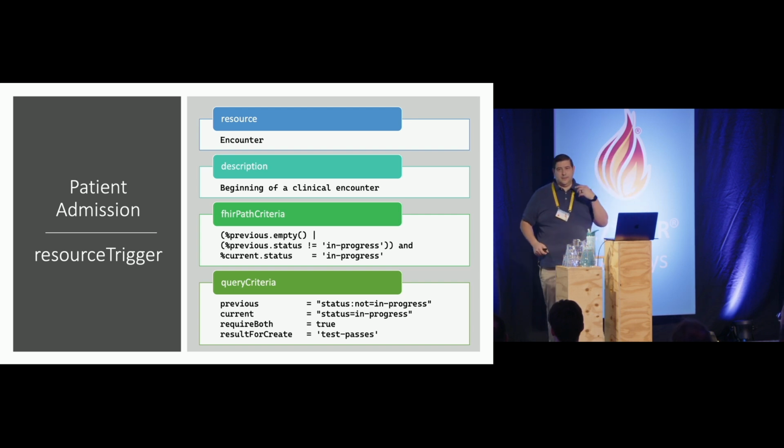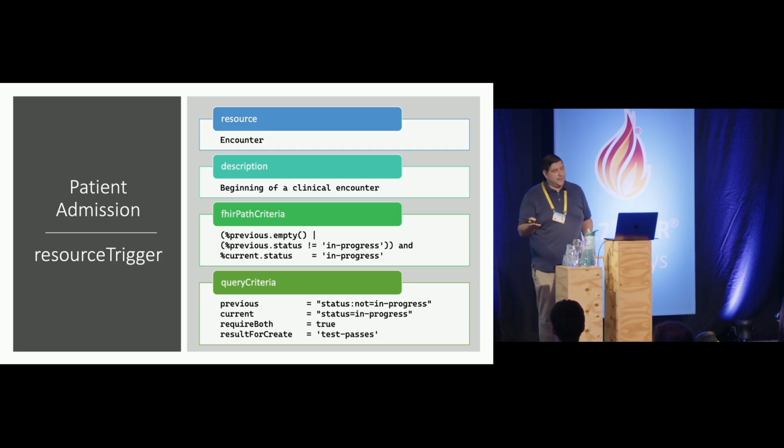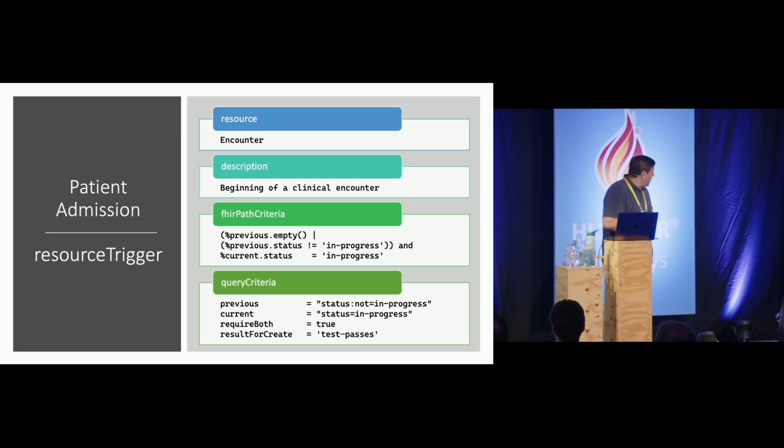Because you are looking at an update on an encounter or an update on a patient or a delete on an observation, whatever it is, there is something there that's happening. And so you want to describe in FHIRPath, you say, hey, previous was empty or the previous status was not in progress, and now there is a current status that is in progress. Again, you can say the same thing with query. So you can say previous, and you can see that's a query-ish string.